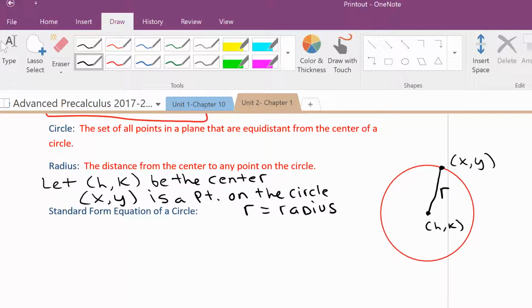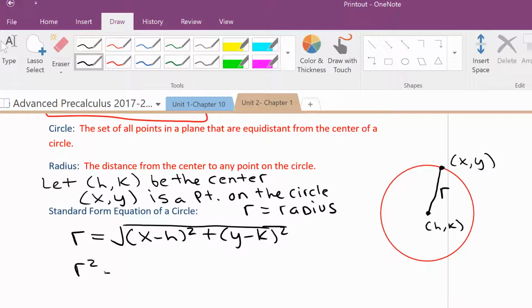Well, remember, the distance formula says that R is equal to the square root of x minus h squared plus y minus k squared, like that. So if I want to square it to get rid of the square root, that means r squared is equal to x minus h squared plus y minus k squared.